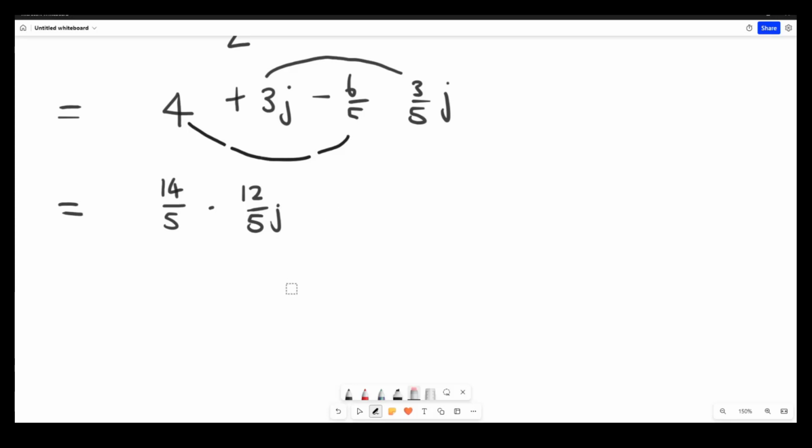Great. So for the C part, I need you to solve the following. I'll try and do it very quickly. It says j to the 8.